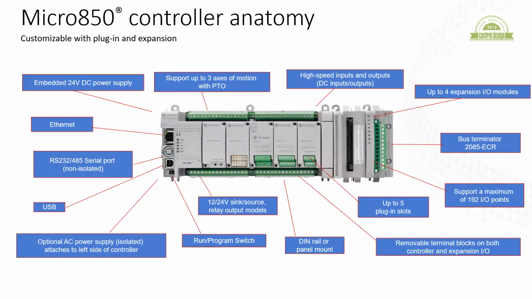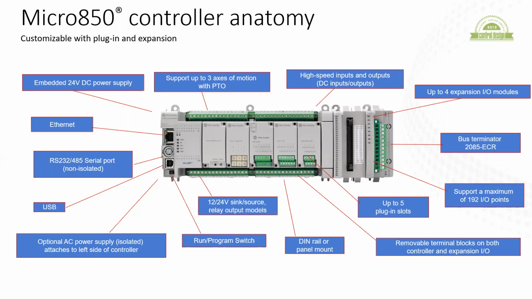So the 850 is probably our bread and butter sweet spot for the micro system. Again, you're talking a low cost point for quite a bit of functionality. As you can see, the 850 has up to 5 slots for pluggables, and it's got a built-in Ethernet and a 485 port and a USB port for different connectivities.